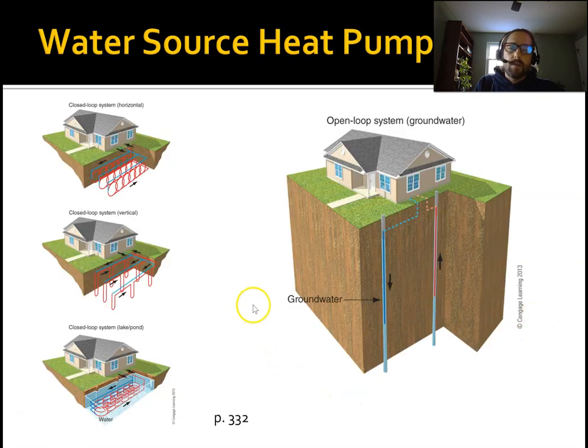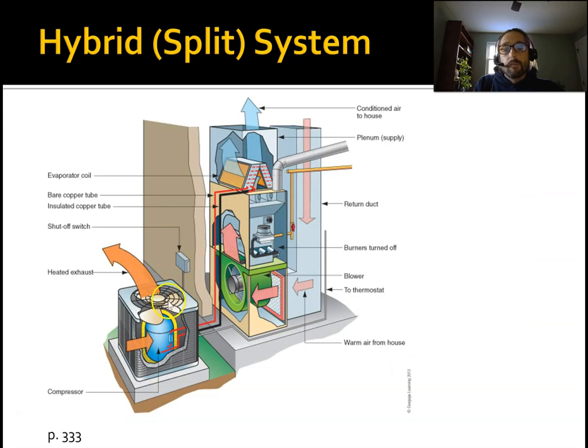So something that I didn't go over in the previous lecture, but it is in your book, so I want to highlight this, is everything that we've gone over to this point are called air source heat pumps. So let's go back to this image real quick. So if you think about where this split system is getting its heat from when you heat the building, and where is it dumping its heat when you're cooling the building, it's getting it from the outside air, right?